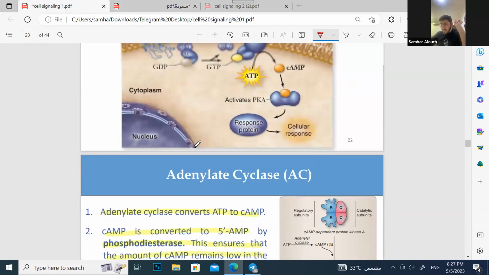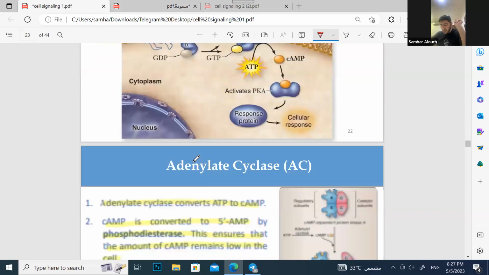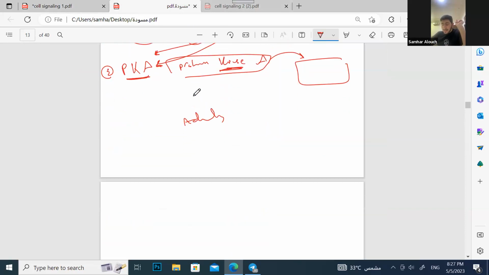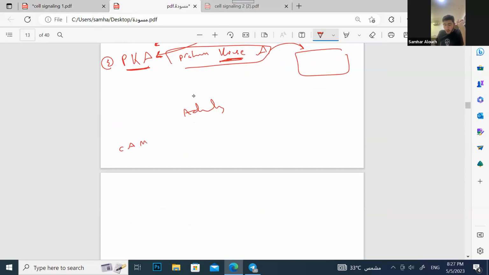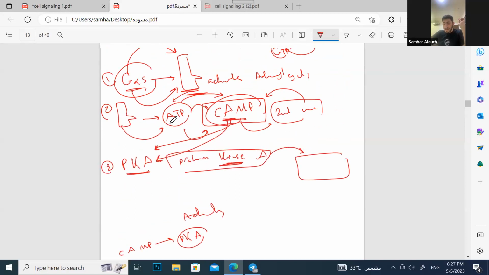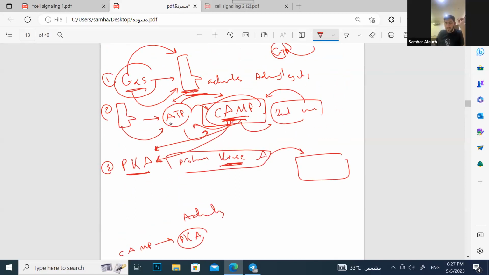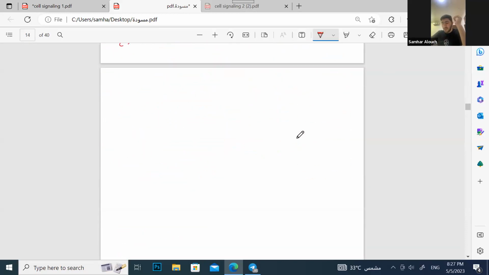Now we have a small, simple detail that we need to go over: how cyclic AMP goes and activates PKA. We know that adenylyl cyclase converts ATP into cyclic AMP. Now cyclic AMP goes and activates PKA. How? First, let's talk about PKA generally when it's inactive.